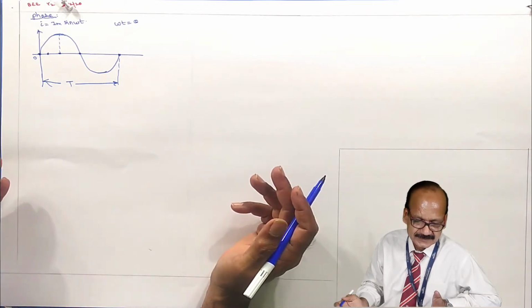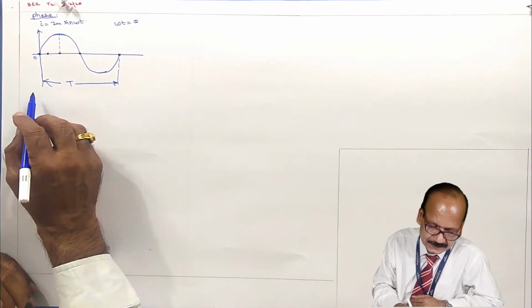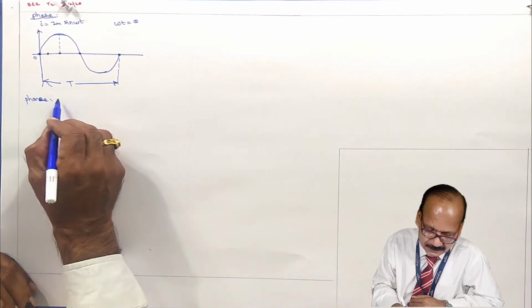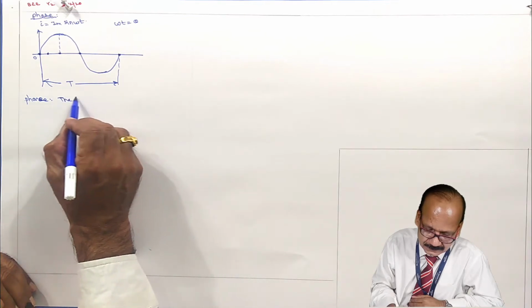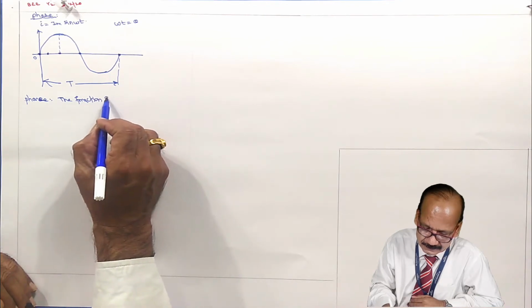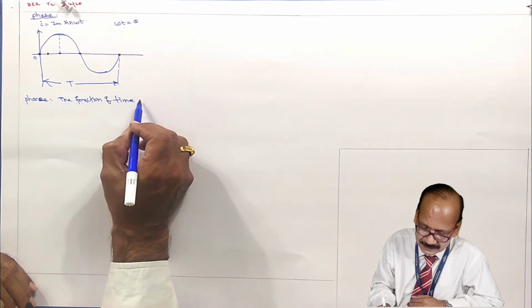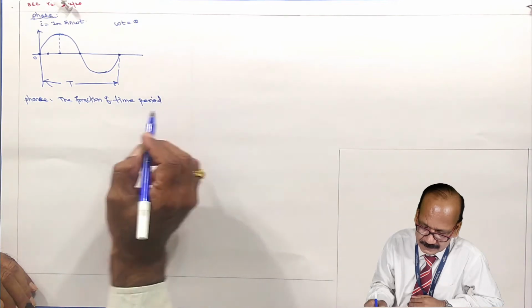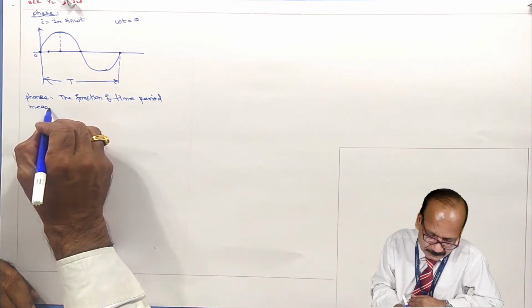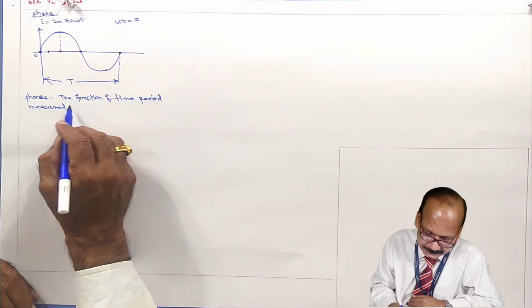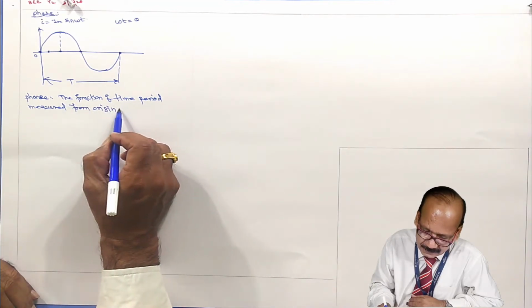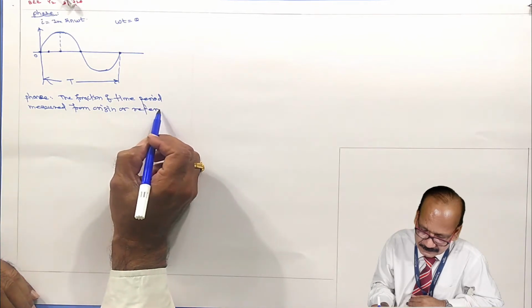Now the phase means a fraction of time period. Phase is the fraction of time period measured from origin or reference.